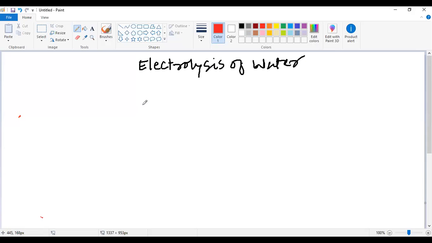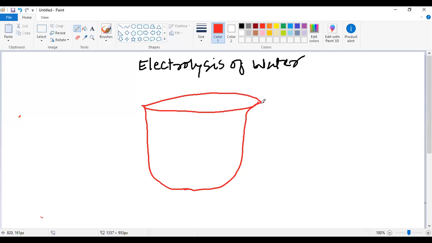Initially, we have one particular mug, my dear students, which is made of plastic. In this mug, we will bore 2 holes, and through these 2 holes we will fix 2 electrodes. So these are the 2 electrodes that we have fixed.